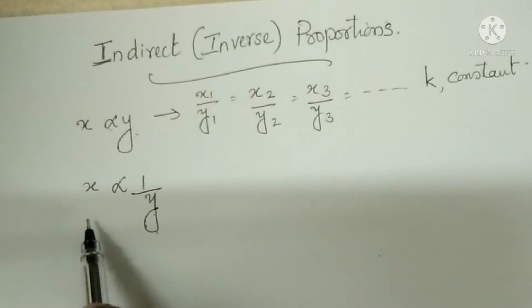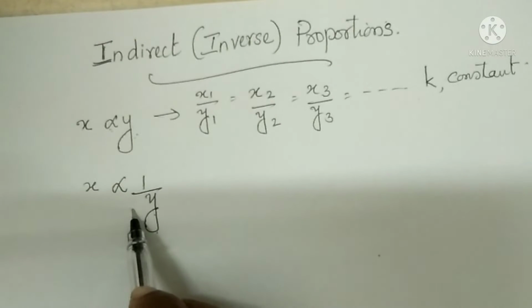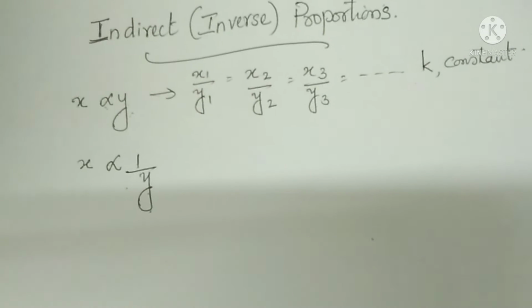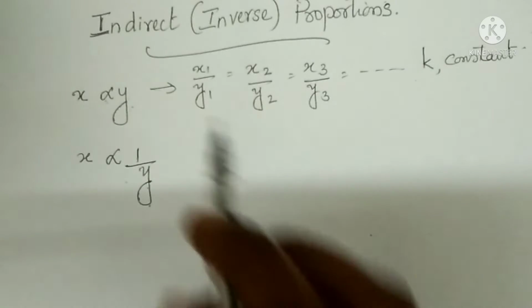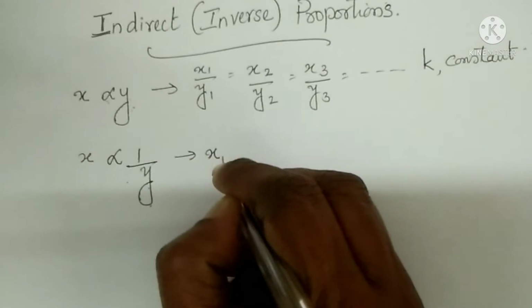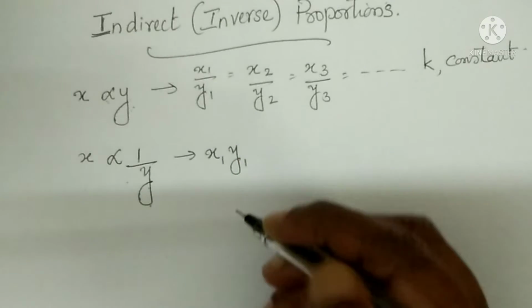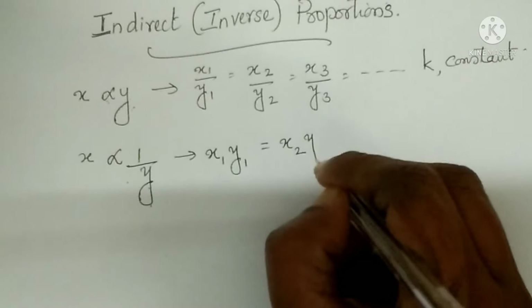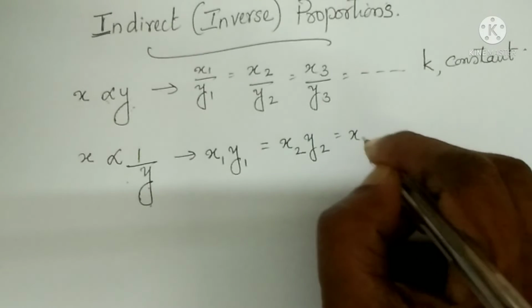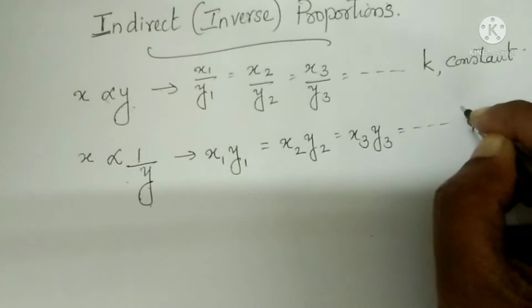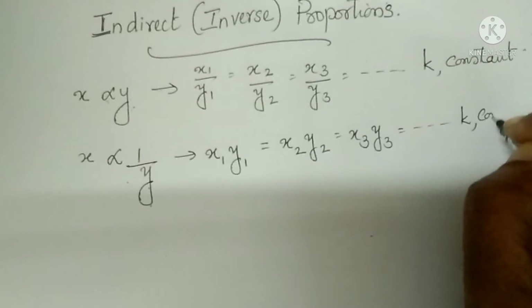Now if x is inversely proportionate to y or x is proportional to 1 upon y, then the condition will be x1 y1 is equal to x2 y2 is equal to x3 y3 is equal to k, a constant.